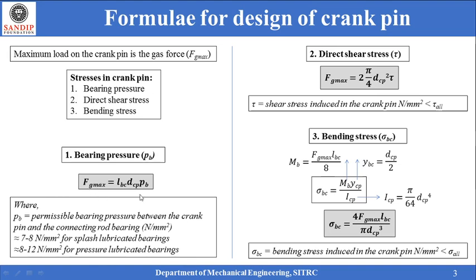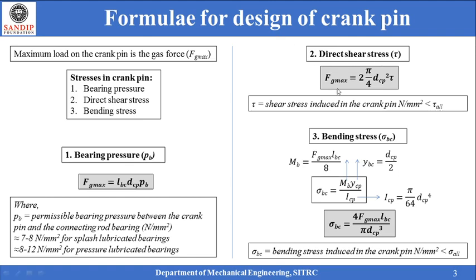Now in this formula, Fg max and PB are known. A relationship is assumed between LBC and DCP with the help of which both the dimensions can be calculated. Now the diameter and this length are checked for direct shear failure and bending failure.